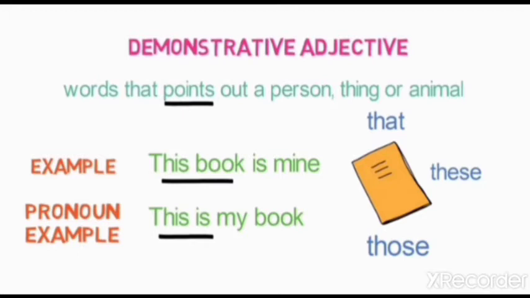Can you see the difference between the 2 sentences? In the first sentence, this comes before book, which is a noun, and it is describing the noun. So it is an adjective. And in the second one, it comes before is, which is a verb, and so it is a pronoun.